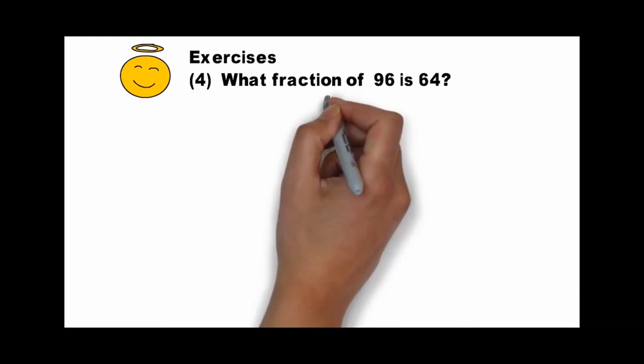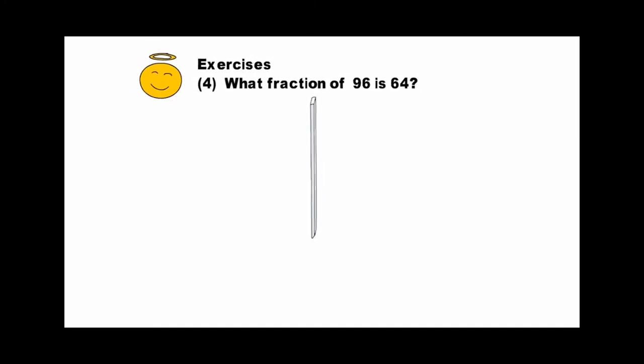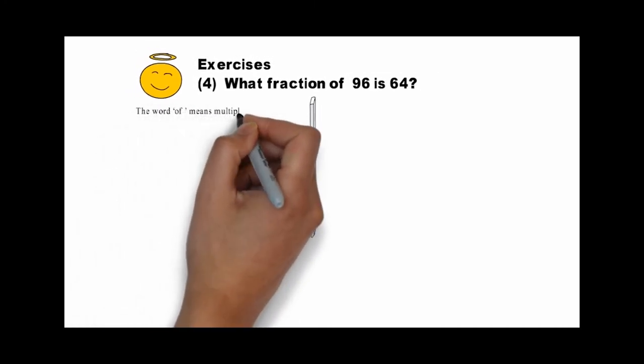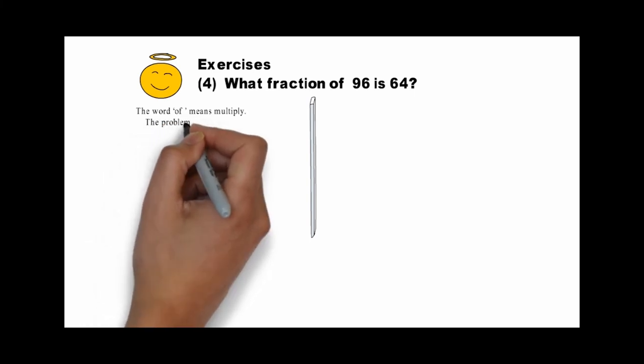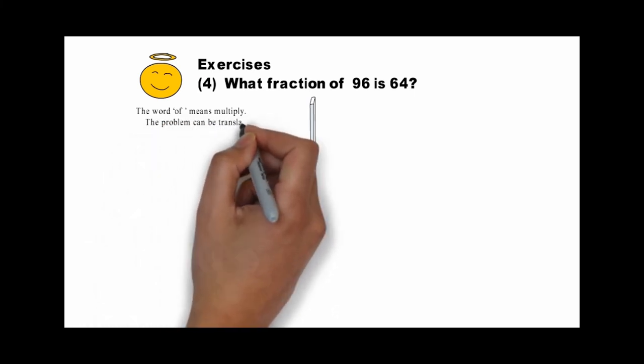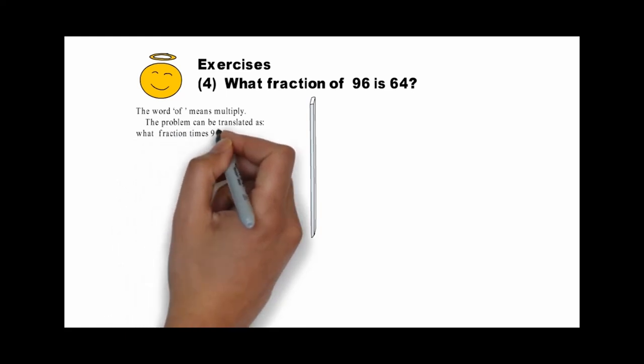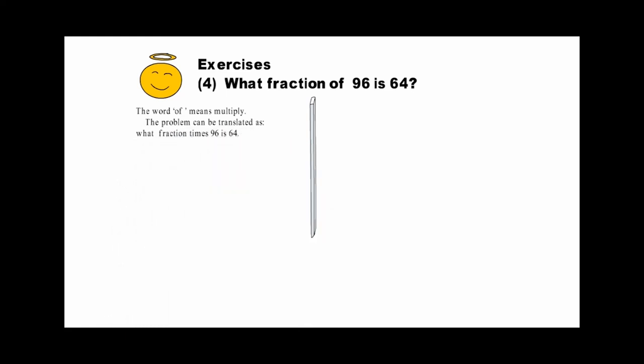And in both methods, you will see that the answers you get are identical. In our first method, the word "of" means multiply. So the problem can be translated to: what fraction multiplied by 96 is 64? And we can convert this phrase into a math equation. Let's see how we can do that.